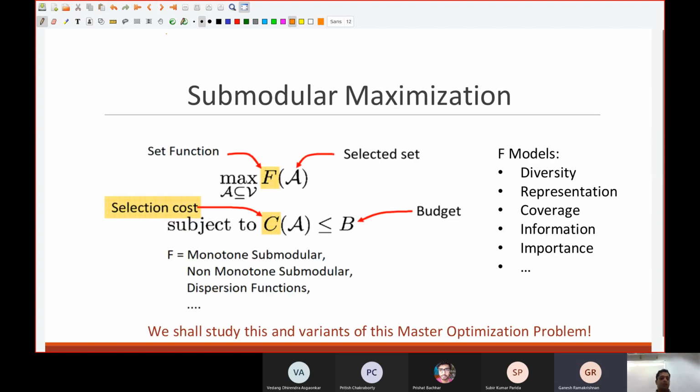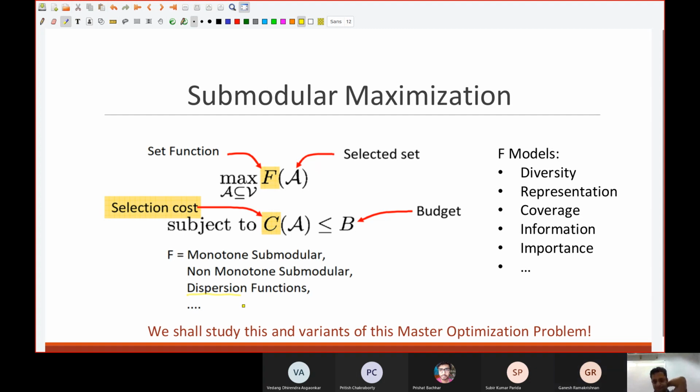So what's the more general problem? You have function f, which could be diversity, representation, coverage, right? Applied on subsets A of the ground set V. F could be monotone, it may not be monotone. It could also be sometimes related to submodular functions, but not exactly submodular. We've seen dispersion functions, right?